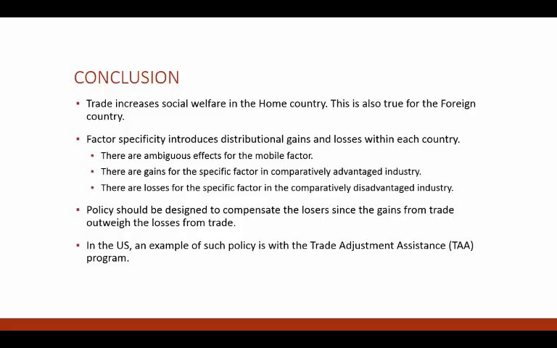And the welfare of owners of mobile labor is ambiguous. If they spend more on machines, they lose. If they spend more on cloth, then they gain. However, since the winners in the aggregate gain by much more than the losers lose, policy should be designed to compensate the losers for their losses. In the United States, the Trade Adjustment Assistance Program is designed to do that. But policy focus should be made on making it more extensive and precise in practice.